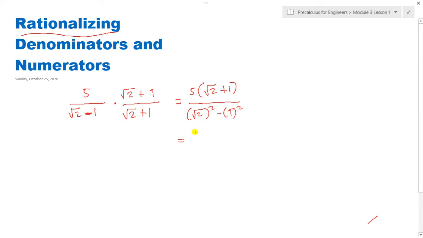So we have here square root of 2 squared minus 1 squared. So this would be equal to 5 square root of 2 plus 5 all over ito. Makakancel na yung radical symbol dito. So magiging 2 na lang ito. 2 minus 1. So we now have 5 square root of 2 plus 5 all over 1 pala ito class. Sorry.